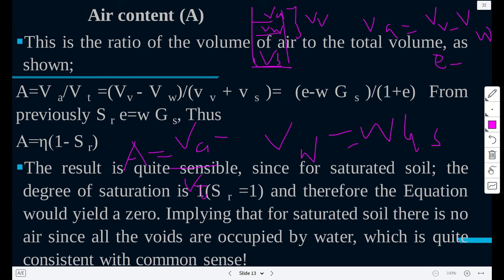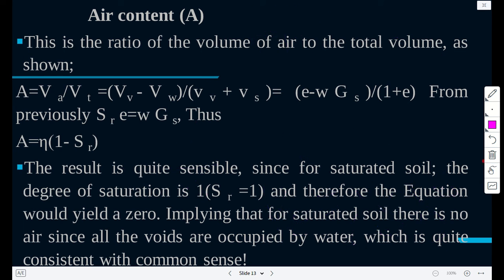We already know that. And then the total volume is actually from here volume of voids plus Vs, but volume of voids is E, and volume of Vs is 1 for specific volume. So you should not see a difficulty how this transforms to that.